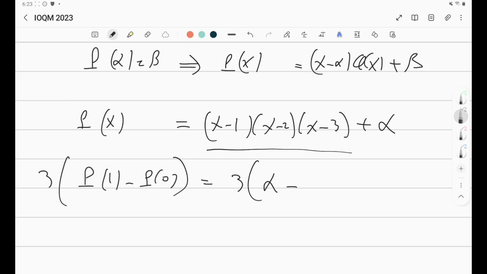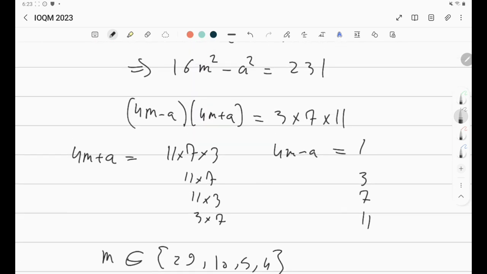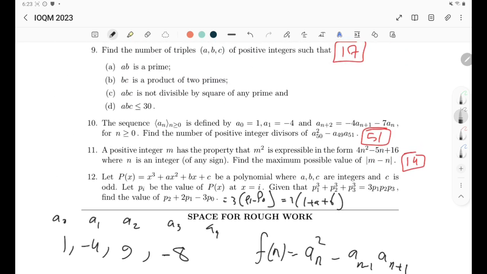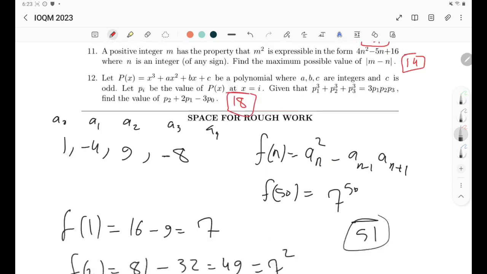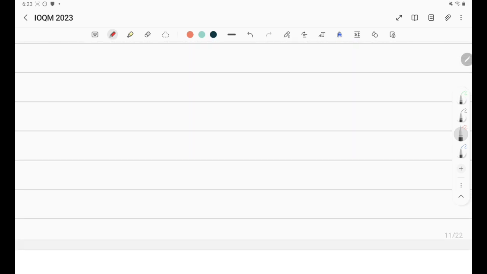So negative 6 plus alpha. And this is just equal to 6. So 3 times 6 is just equal to 18. And this is our answer. So here, our answer is just 18.